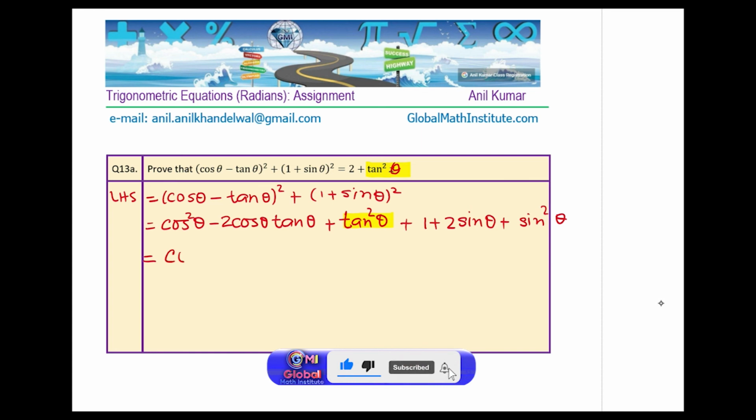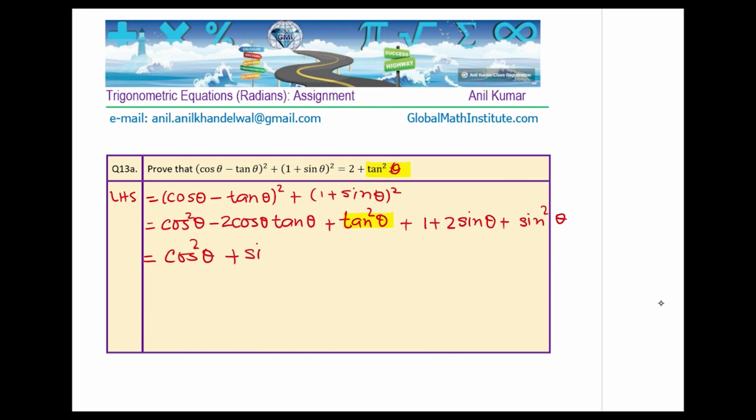So we have cos square theta plus sin square theta. So I'm reorganizing minus 2 cos theta. Tan theta can be written as sin theta over cos theta, plus tan square theta, and then we have 1 plus 2 sin theta.